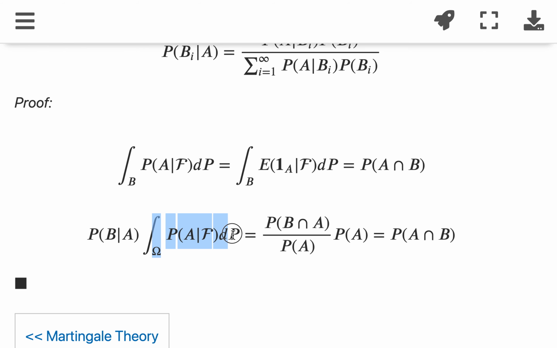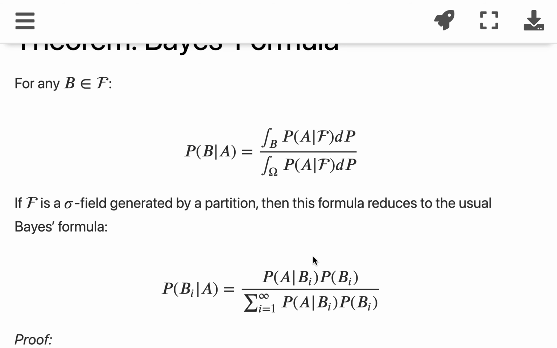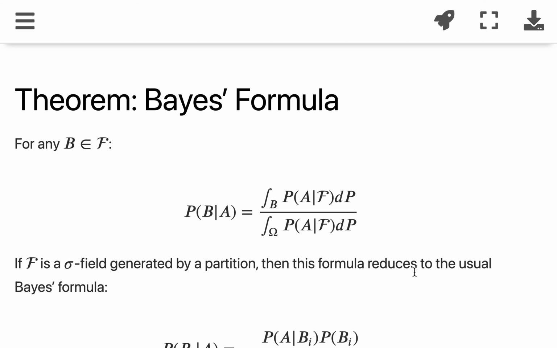This will just equal the integral of the indicator random variable on A over the space omega, and that would just be the probability of A. And this one cancels out, what we are left with is just the probability of B intersect A, and that proves what we need to prove for this formula and further for this formula. So that's the proof for the Bayes formula. I hope you guys like it. Bye.